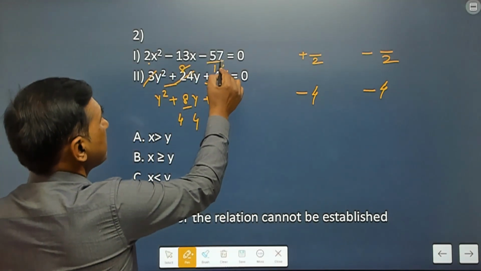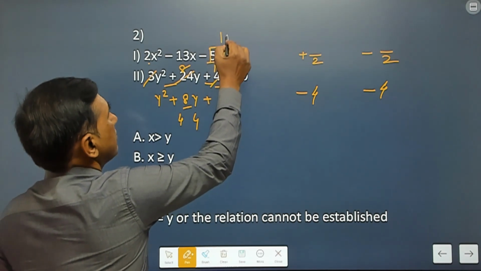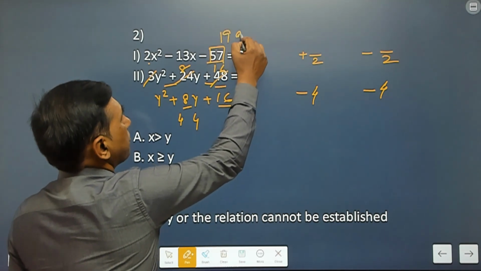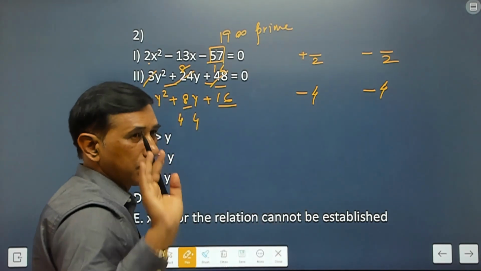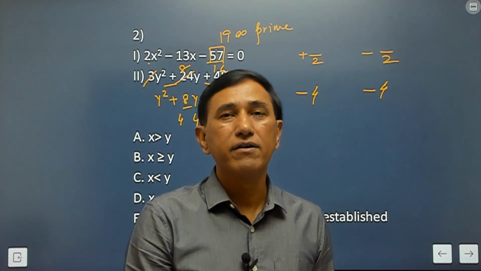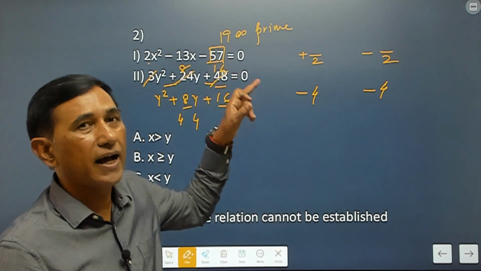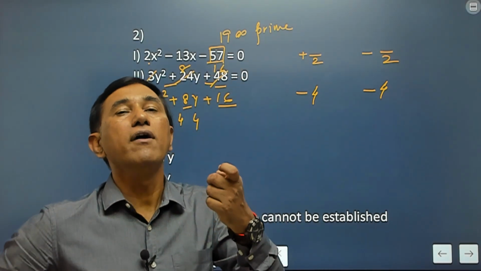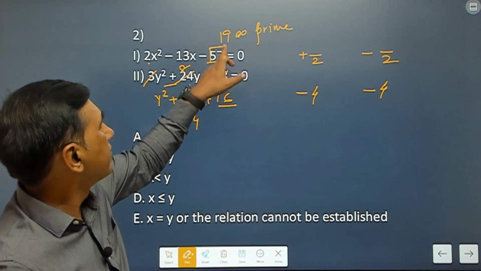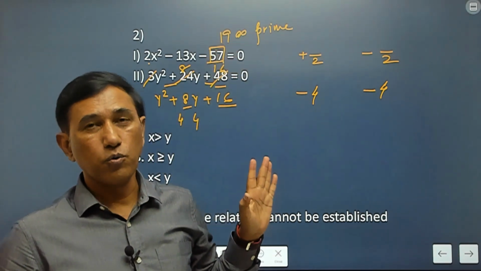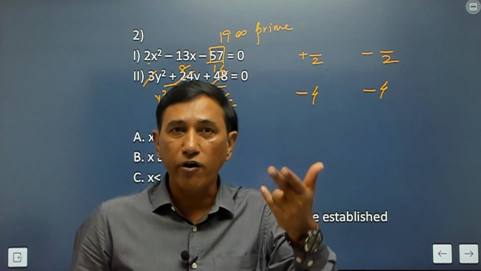And 57 has 19 as a prime factor. Just remember, whenever you have anything at C which has some prime number, try to factorize the prime number first. So here 19 is one number which cannot be broken down further.